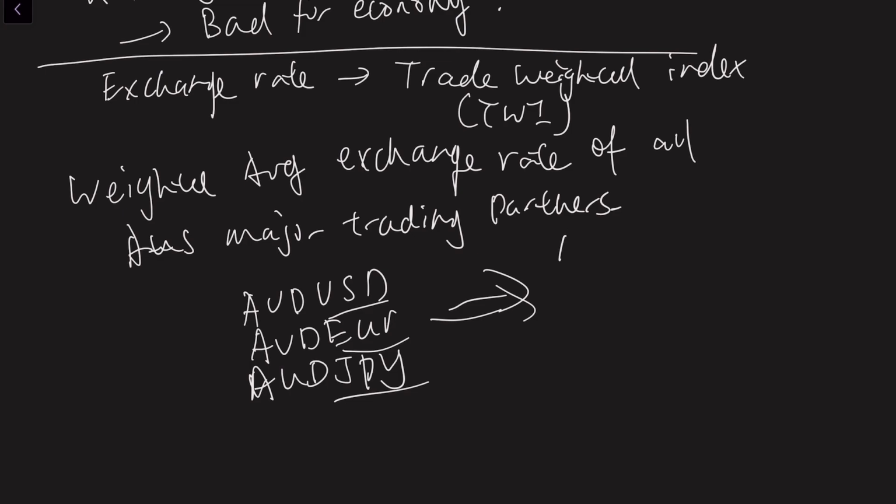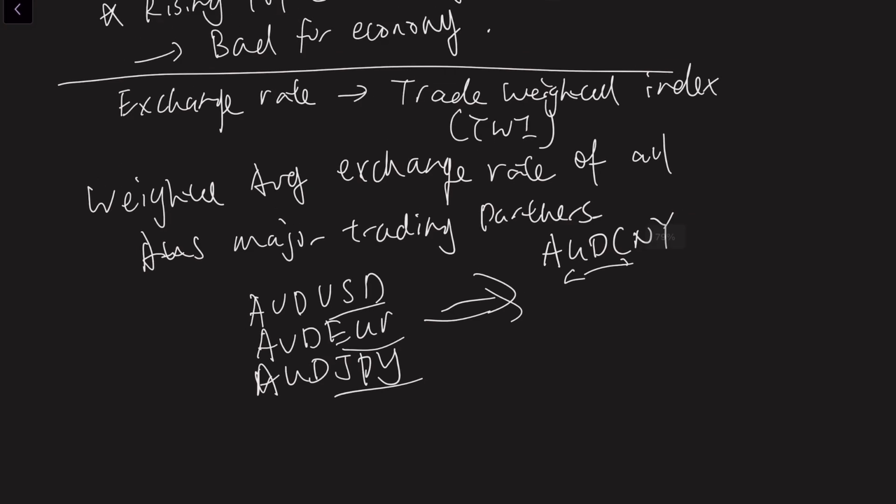Because Australia likes to trade with China, the currency pair Australian dollar versus the Chinese yuan is the biggest component of Australia's trade-weighted index. So a small fluctuation in the AUD-CNY exchange rate would have a bigger impact on the trade-weighted index than changes in the value of the Australian dollar against the US dollar.